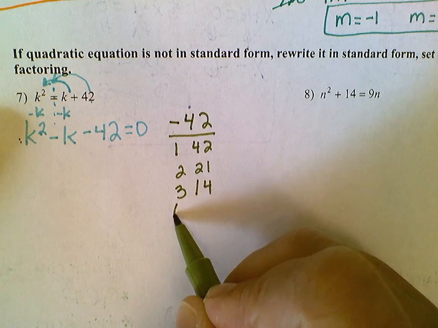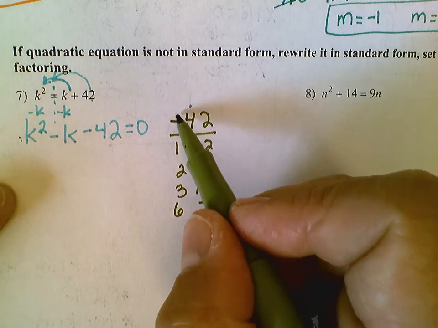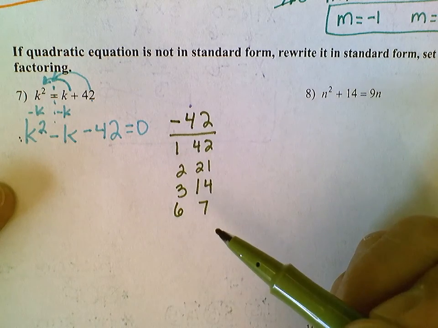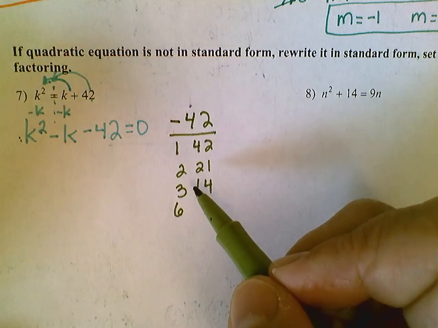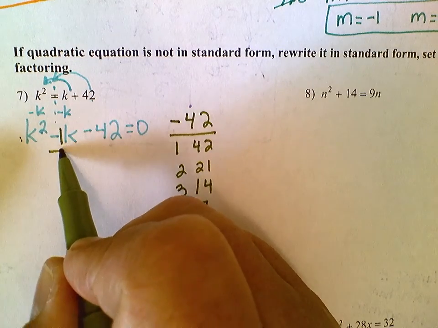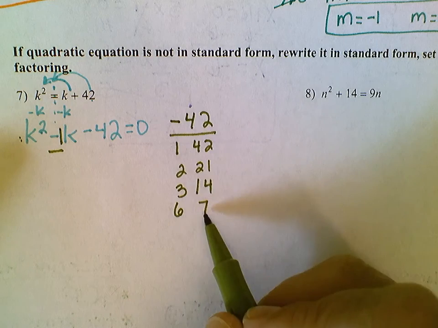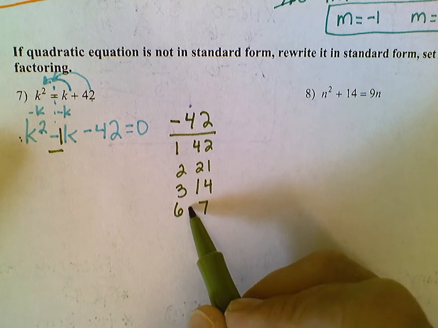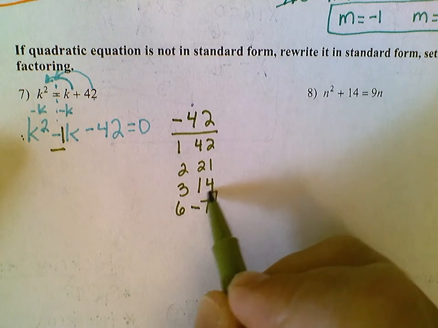Not 4, not 5, but 6 times 7, and that should be it. And this time I have a negative 42, so when I multiply, that means only one number can be negative. I want them to add together to give me a negative 1. So I know that 6 plus a negative 7 gives me a negative 1.